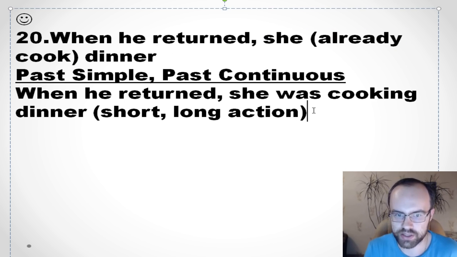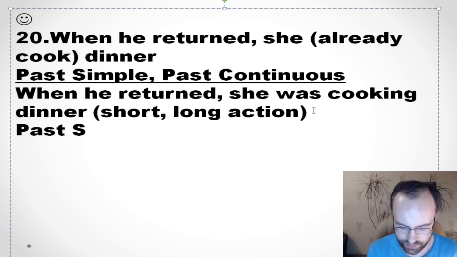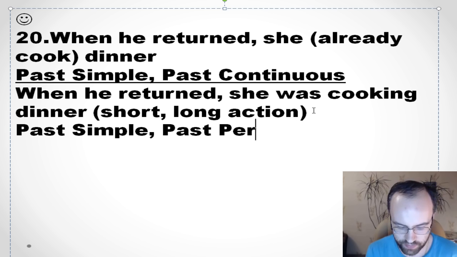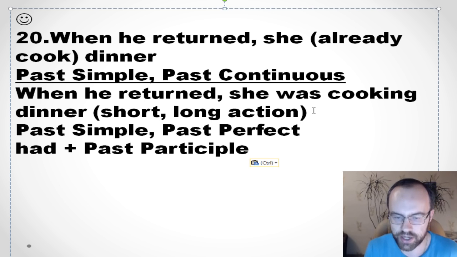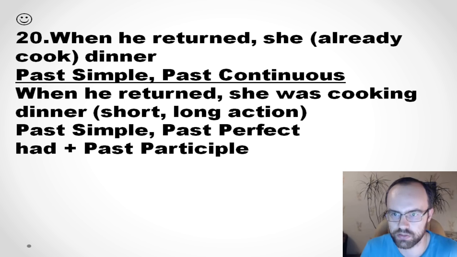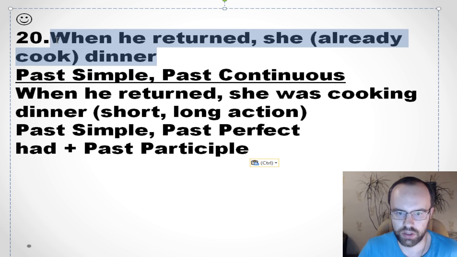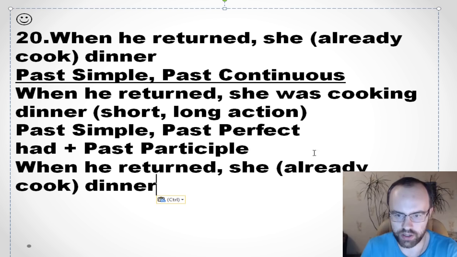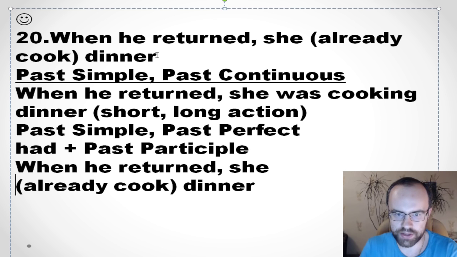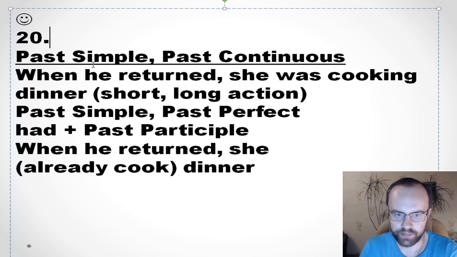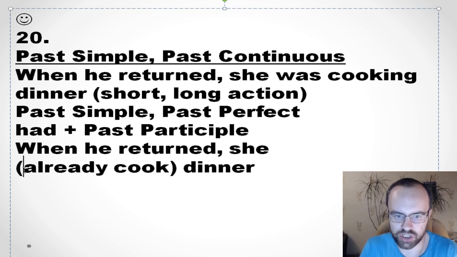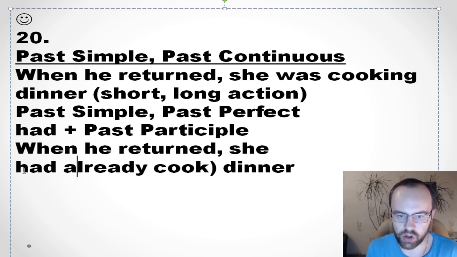So what is past simple? Yeah, in the first part, you have past simple, and you have past perfect in the second part of the sentence. So, what is it? Let's look at this sentence. Okay. So, when he returned, she had already cooked.